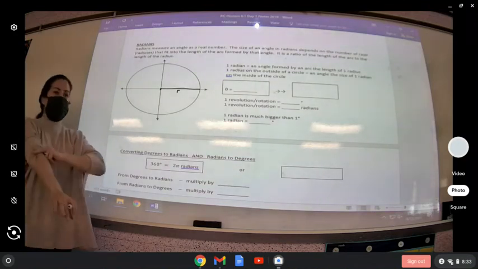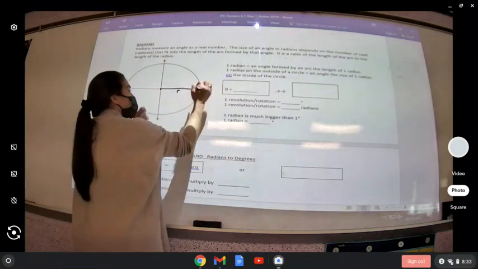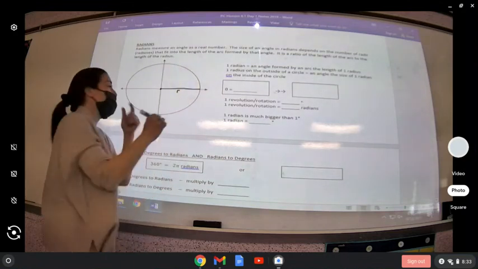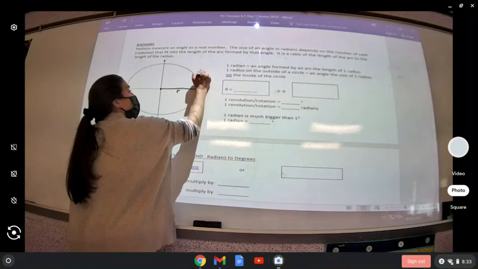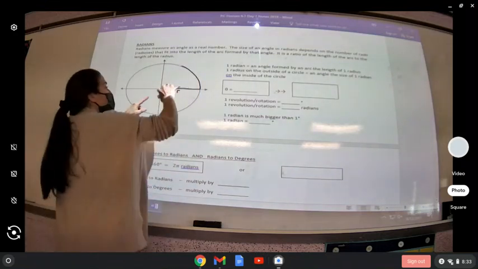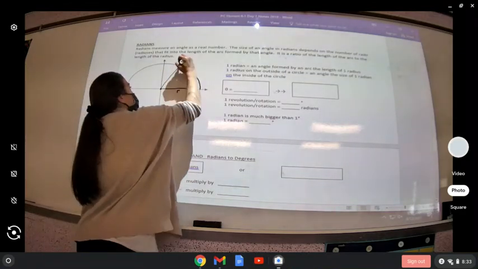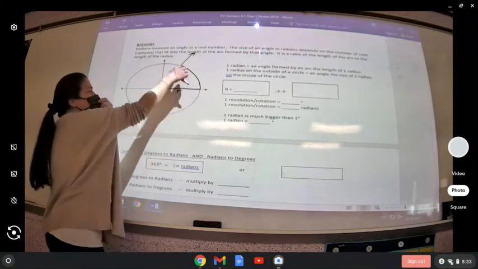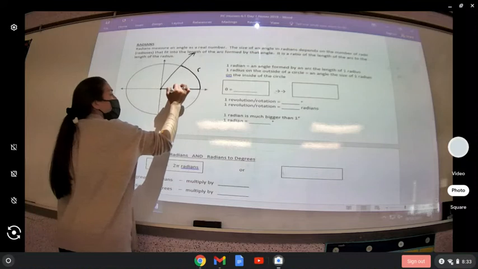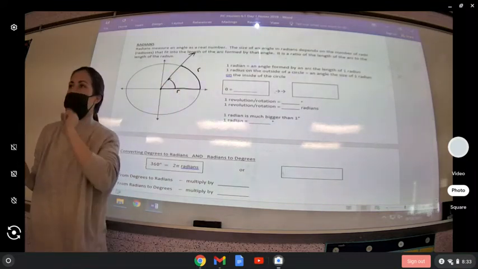So a radian says this: if you were to take the length of that radius and start to walk it on the outside of this circle, then the central angle, the angle formed by the length of that arc, which is the length of your radius, forms an angle inside the size of 1 radian.